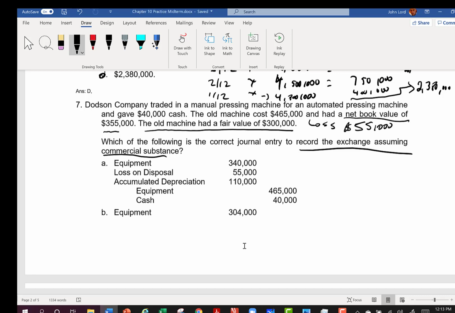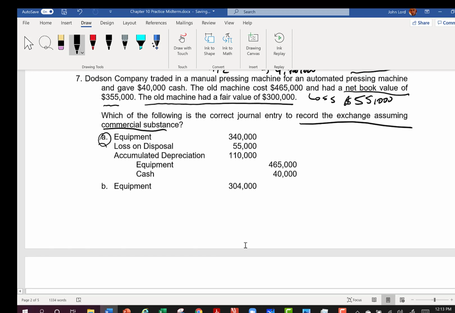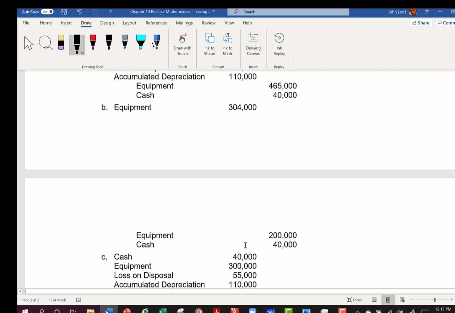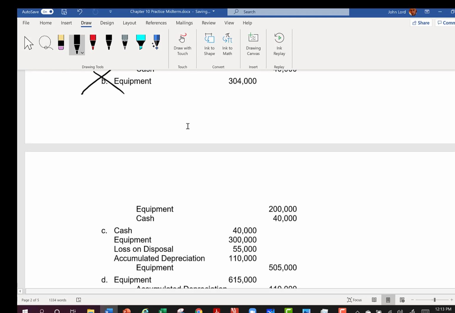Okay, now, quick little test taking technique right here. Just to help you out when you're taking your exam, you look and you know that's the loss. A has a shot of being the right answer because it's showing you a loss of $55,000. So you know that's got a chance. You look at B, and B here is not recognizing any loss at all. It cannot be the right answer. You always have to take the loss. You look at C, C's got a shot because it's showing the loss of 55.